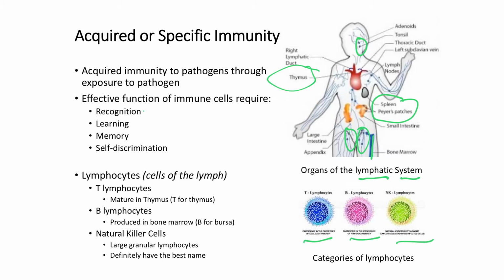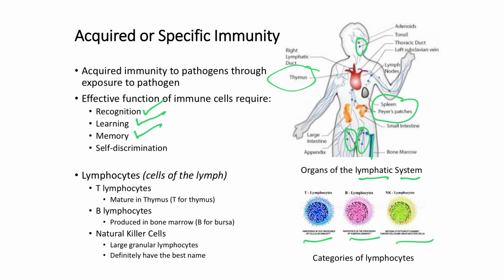The first is being able to recognize a foreign body or recognize a cell that has become infected and is displaying its flag and flagpole, learning which cells match that specific antigen so that it can continue to fight it, and then also keeping the memory of what that antigen particle looks like, at least the surface part of that cell, which we refer to as an epitope.